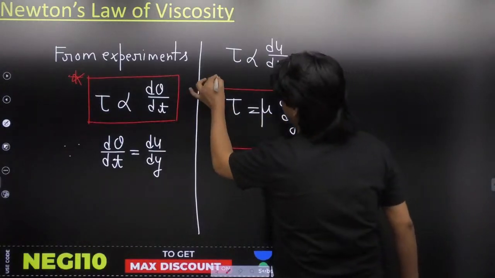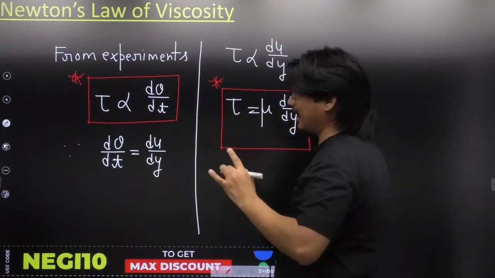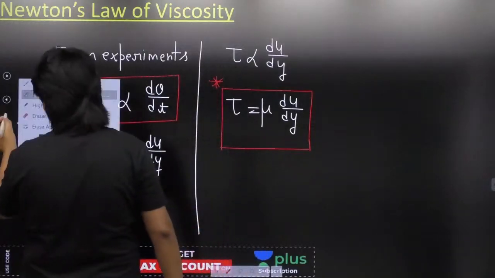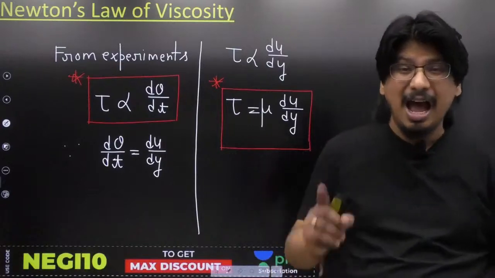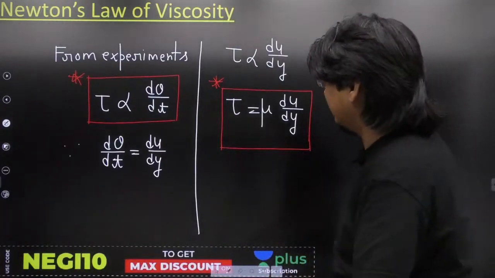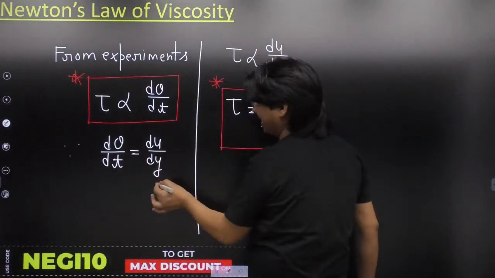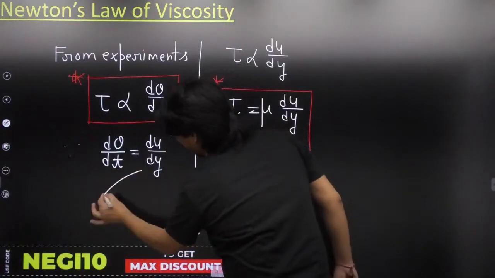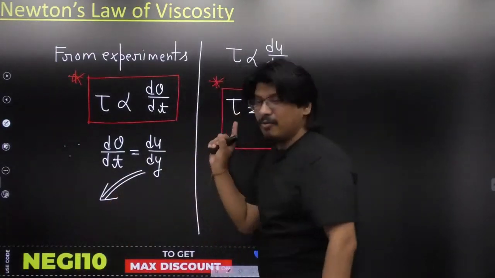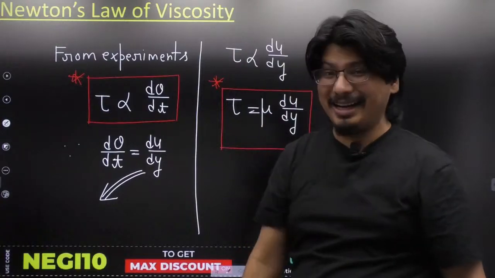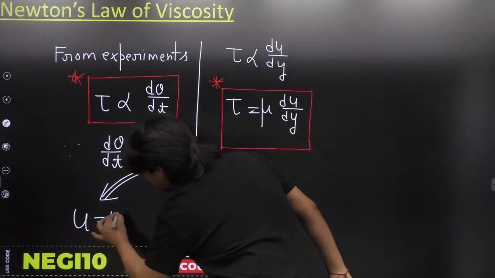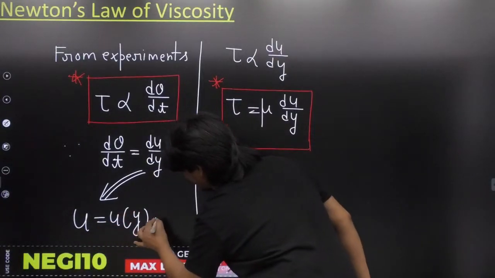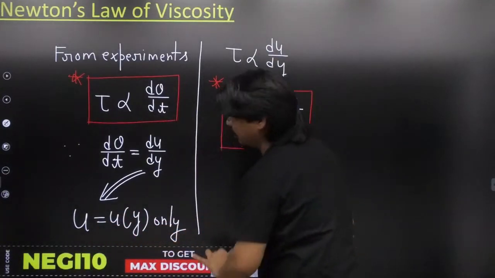But remember, there is one very important condition. Are you able to recollect that important condition? d theta by dt is equal to du by dy. For applying this equation, there is one condition. We are assuming u is changing with the y direction only.